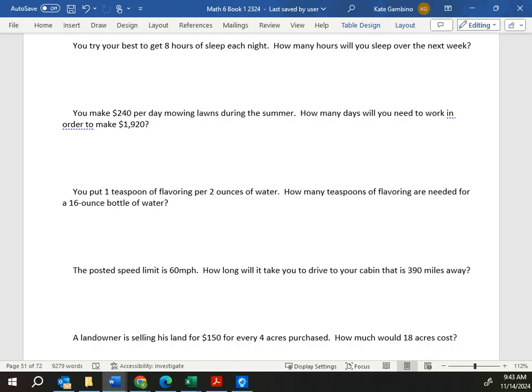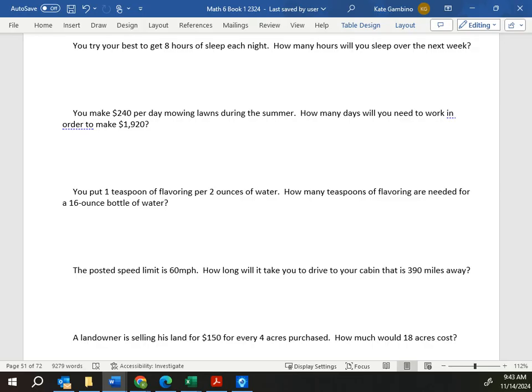You're going to figure out what your first rate is, labeling it, then figure out what your second rate is, putting the question mark in the correct spot. Then you have to find that scale factor, and you have to multiply to find that missing number. Okay, so it's multi-steps. We go one step at a time.